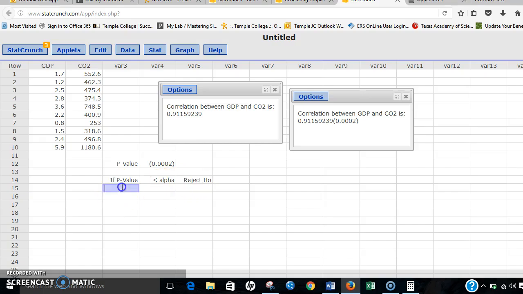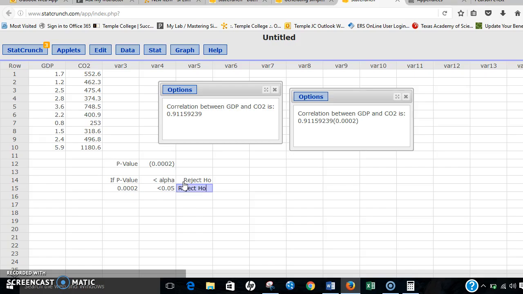Well, our p-value here was 0.0002, and our alpha value was 0.05. So it's easy to see that our p-value is indeed less than our alpha, so we reject H sub 0.